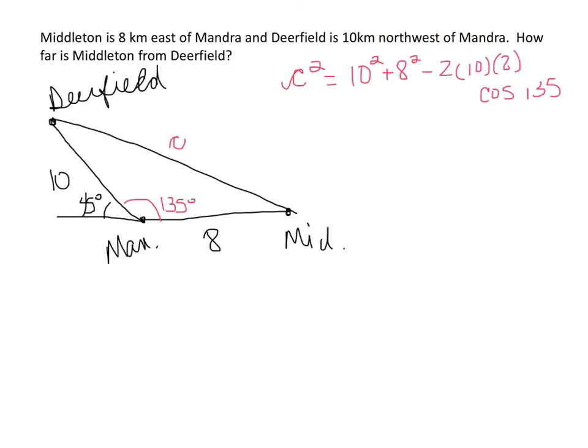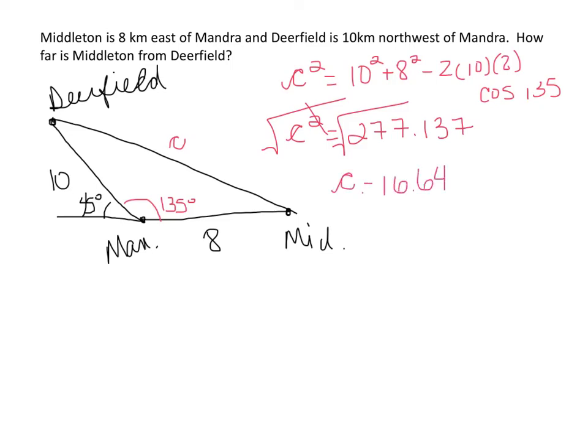When I do that, I get that C squared is equal to 277.137. And when I take the square root of both sides, it gives me a value of C that is 16.647 kilometers.